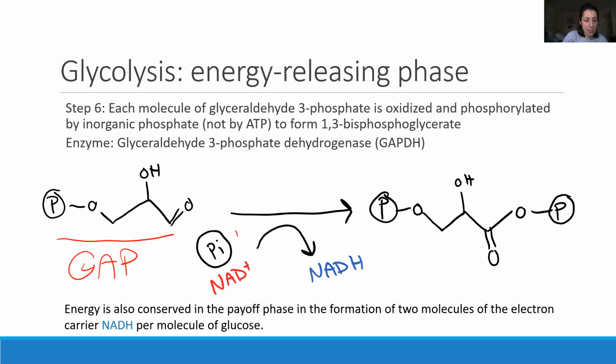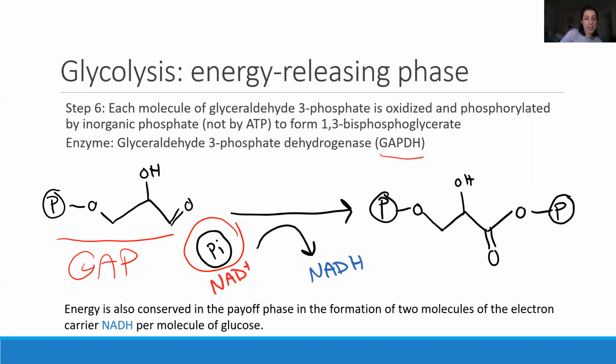Instead, we're just taking a regular phosphate, that's inorganic phosphate, and adding it onto the molecule. This is going to form 1,3-bisphosphoglycerate.